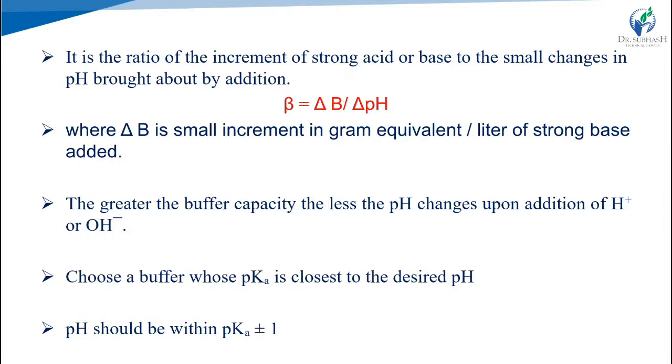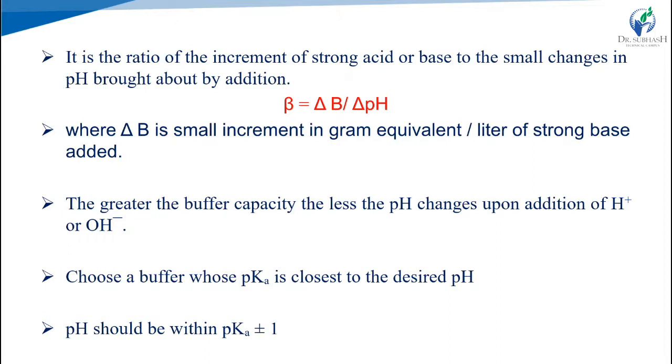According to the above equation, buffer capacity is equal to delta B upon delta pH. So we say the solution has a buffer capacity of 1 when 1 liter of it requires 1 gram equivalent of a strong acid or base to change the pH by 1 unit.